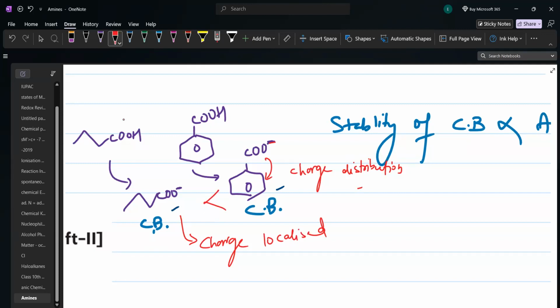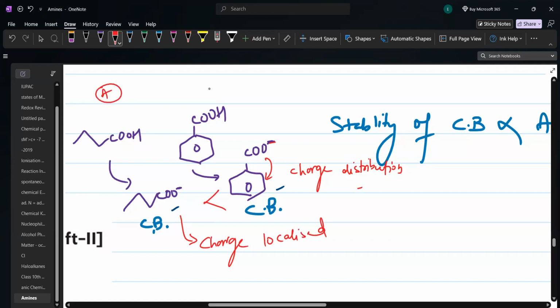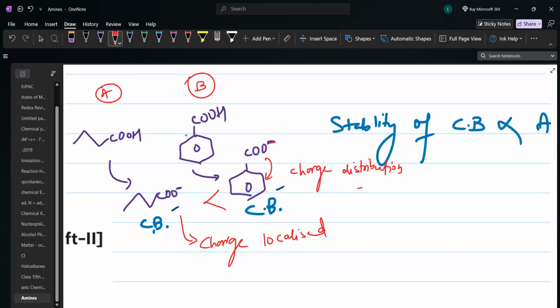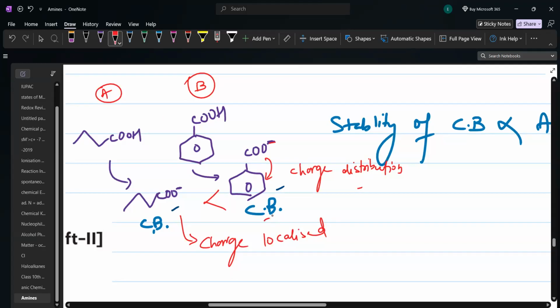So which one will be more acidic, A or B? Is the acidic nature of A greater or B? B is greater, because this is more acidic than this.